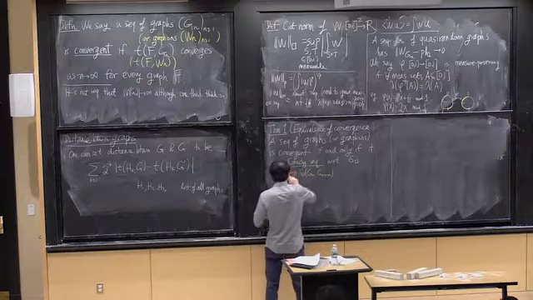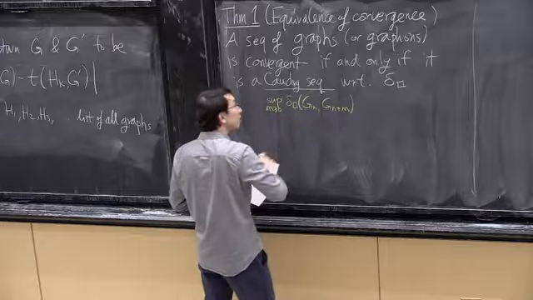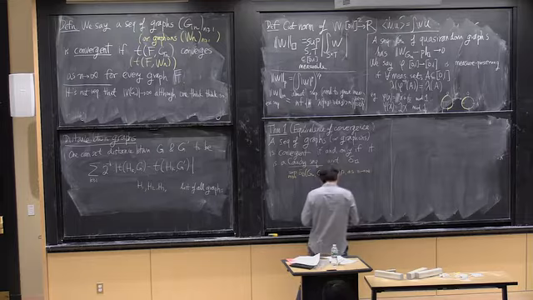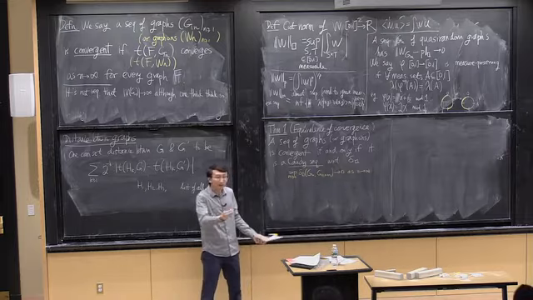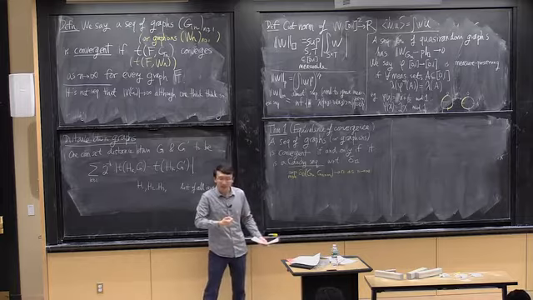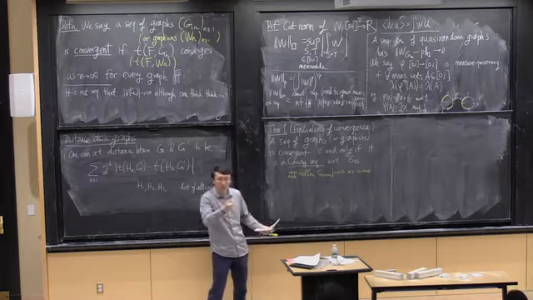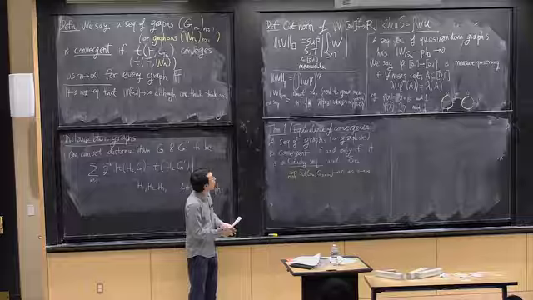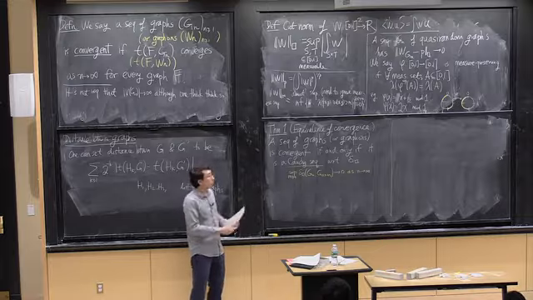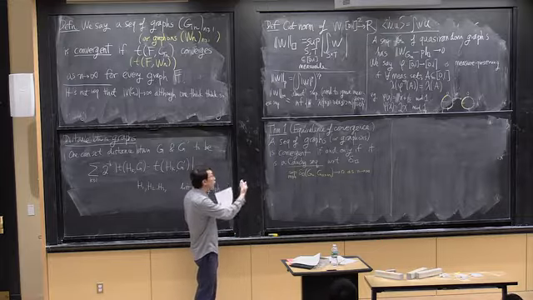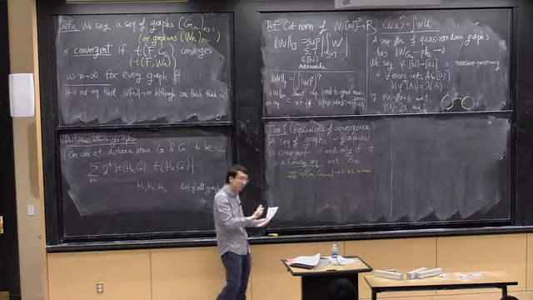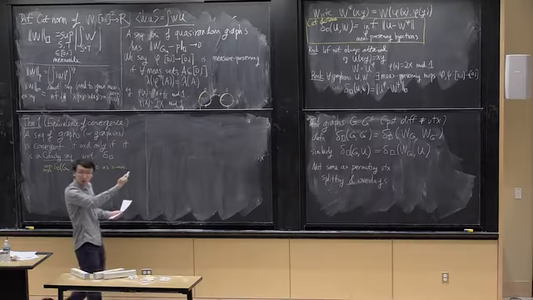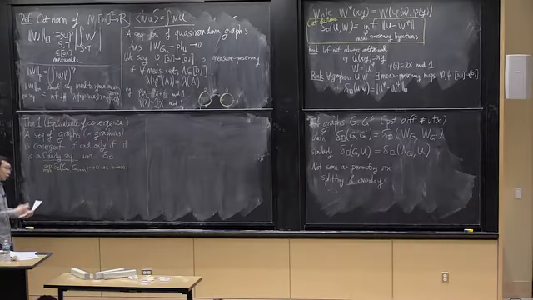So the sup over positive m of this guy here goes to 0 as n goes to infinity. Right, because we don't know yet whether the limit exists, so I can't talk about them getting closer and closer to a limit, but they mutually get closer to each other. Okay, so theorem 1 tells us that these two notions, one having to do with homomorphism densities, is consistent and in fact equivalent to the appropriate notion in the metric space.